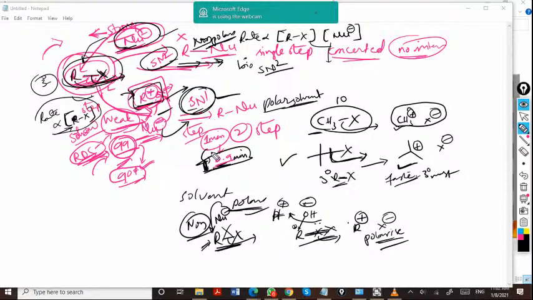This is about the solvent criteria, which is why I have given polar and non-polar solvents. When polar solvents are there, it is going to ionize, so the ionic reaction mechanism will be SN1. When it is non-polar, it is non-ionizing, so the reaction will be SN2.